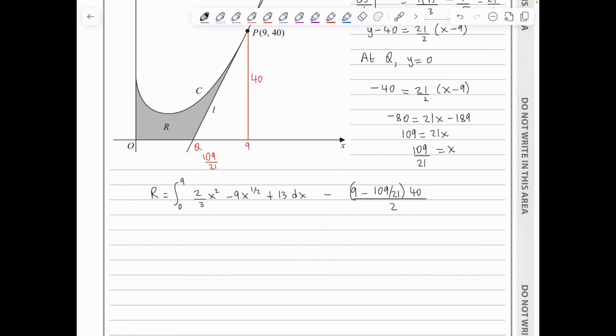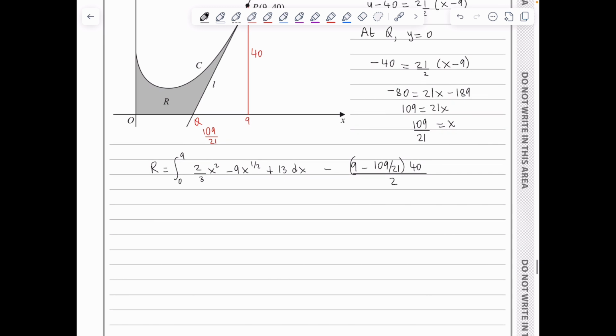Well, in integration, we're increasing the power by 1, dividing by the new power. So this will give me 2 over 3 x cubed over 3 minus 9x to the 3 over 2 over 3 over 2 plus 13x, and we've got limits of 0 and 9, minus the area of the triangle, which works out to be 1600 over 21.